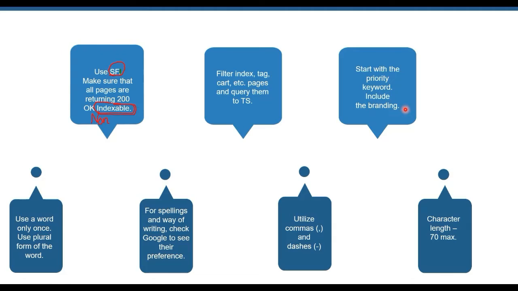Each website has its own branding. For example, toyhunters.com. Their branding is Toy Hunters. That's just one of the examples. Another is whitebohemian.com.au. Their branding is White Bohemian. Okay, now use a word only once.